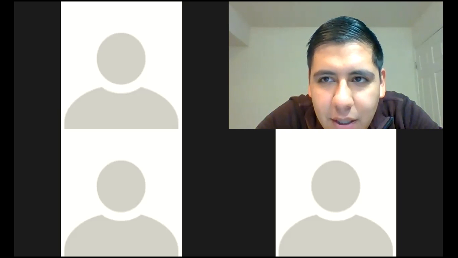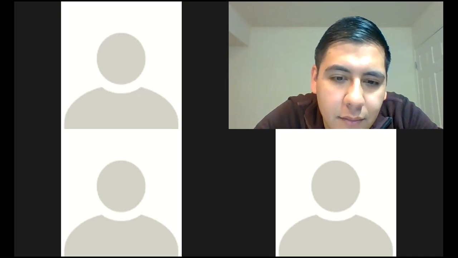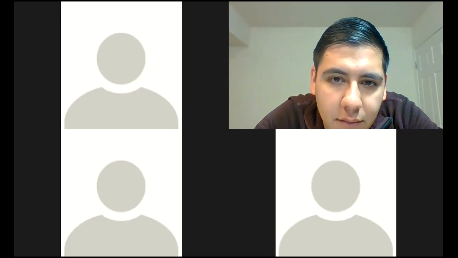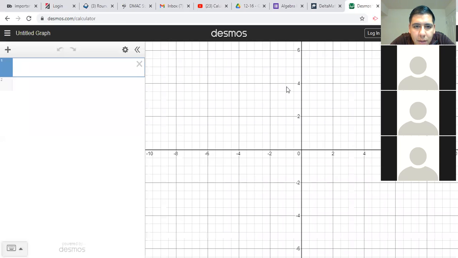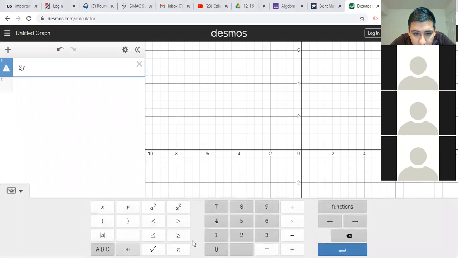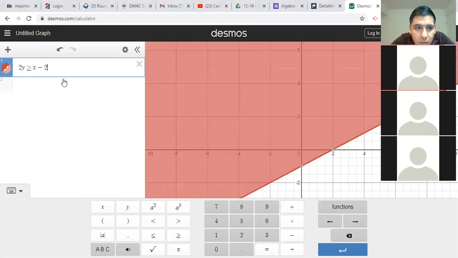Here, let me just show you guys really quick. So we go on Desmos and we go into the graphing calculator. And if we're going to do the other problem, it was 2y, and right here, the lower corner was greater than or equal to x minus 2.